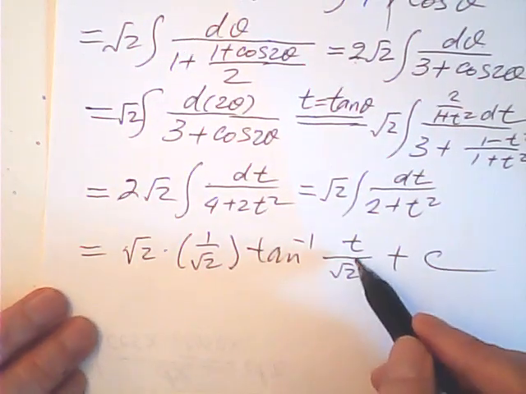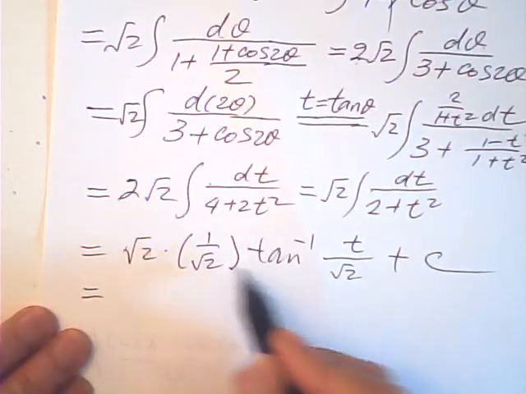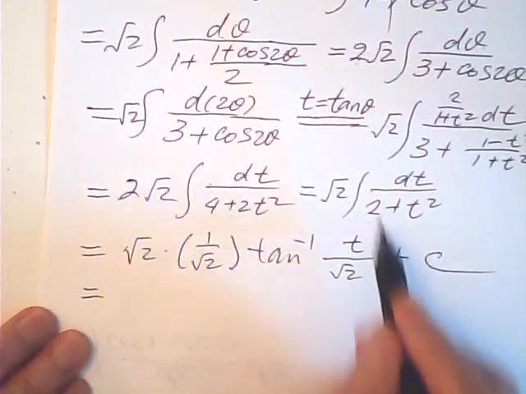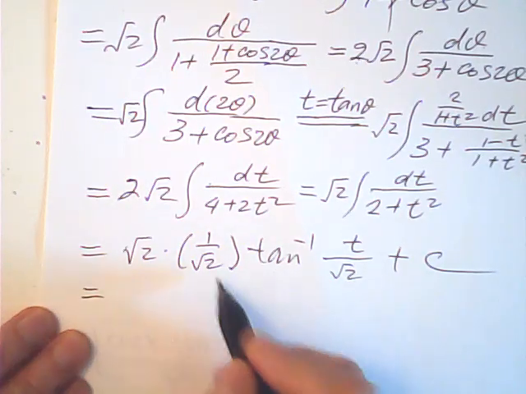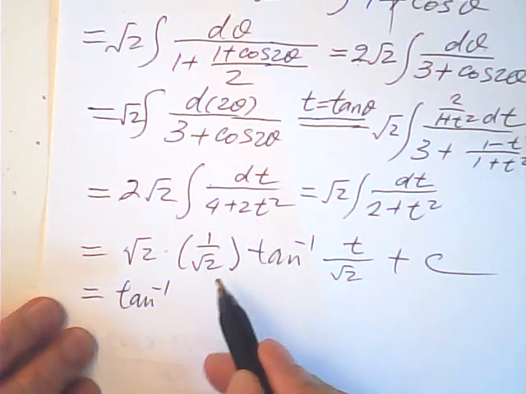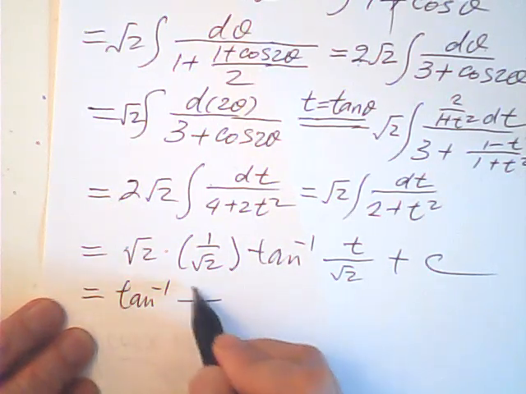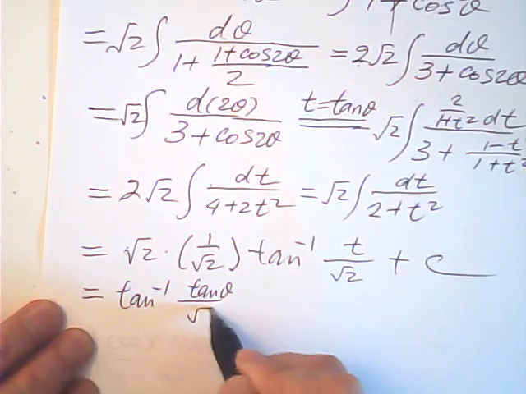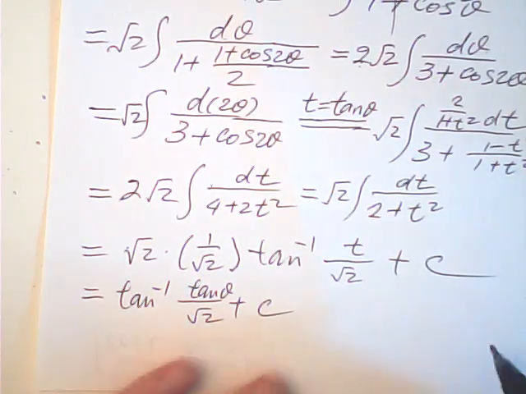Yeah. And we put t back. Put a t back. Yeah. What's t? T is tangent theta. So this is arctangent tangent theta over root 2 plus c.